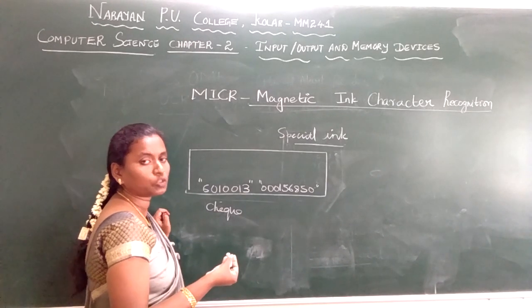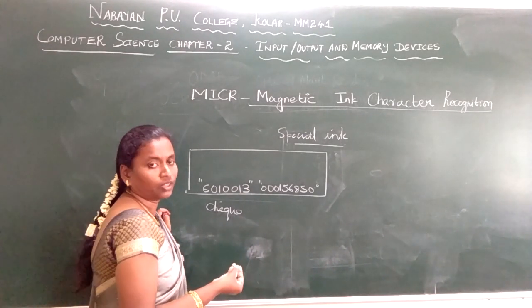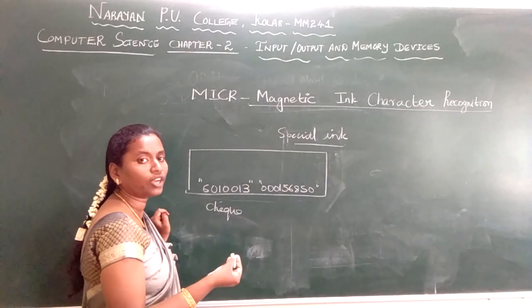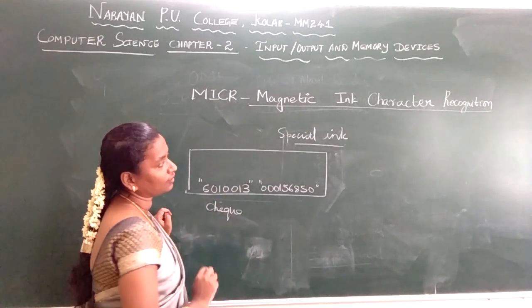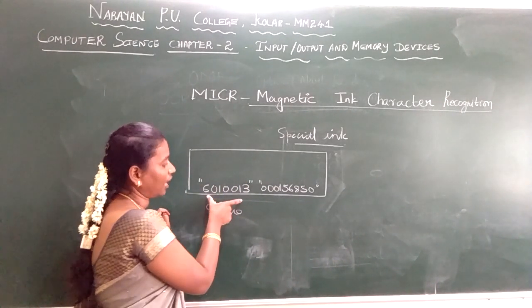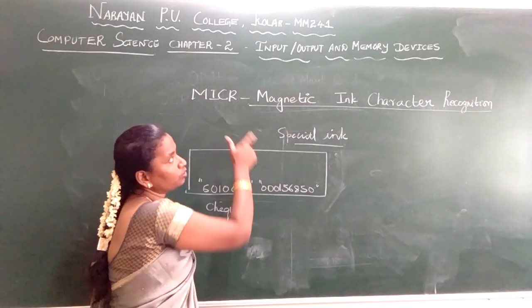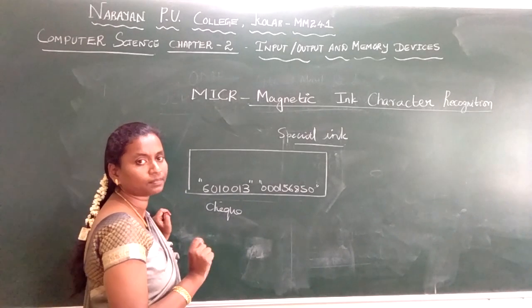So your specimen signature is very mandatory there, and it should be unique too. You should not keep on changing your signature. Similarly, in order to avoid manual errors, they use this Magnetic Ink Character Recognition. It will recognize the characters which are printed on your cheques and DDs. 99% of banks use this Magnetic Ink Character Recognition.